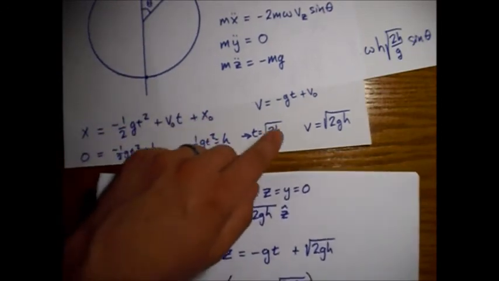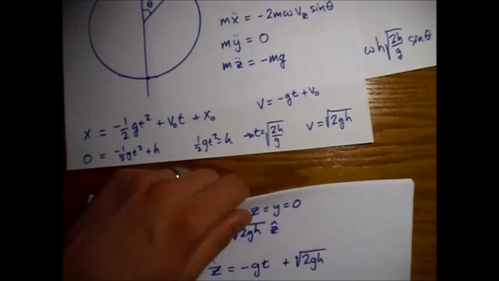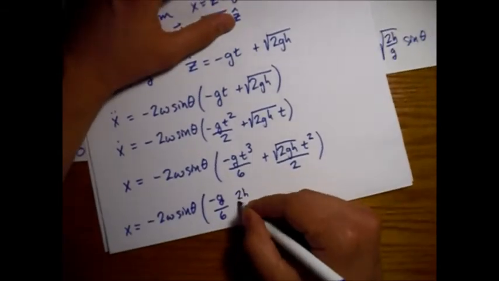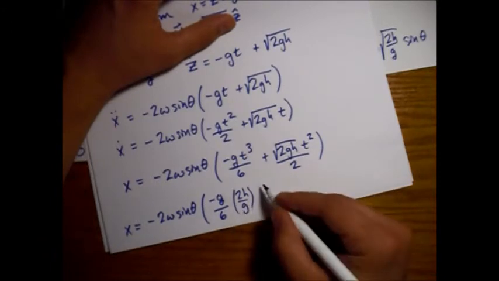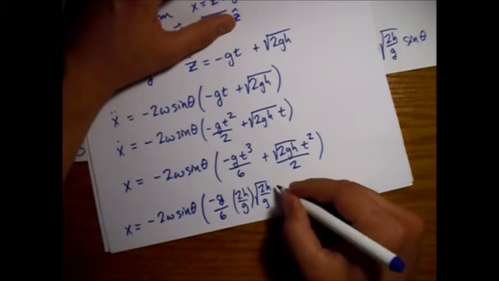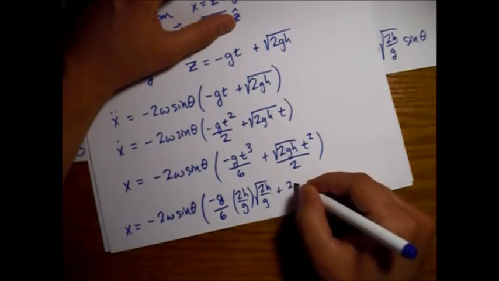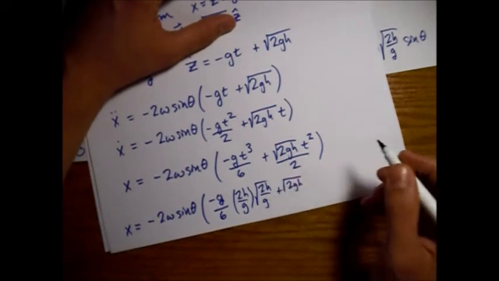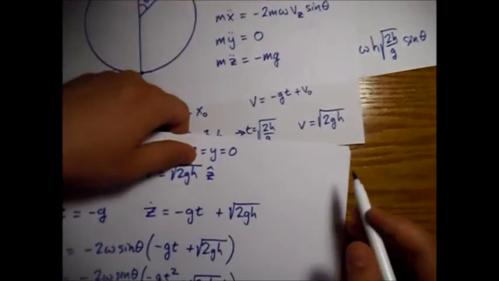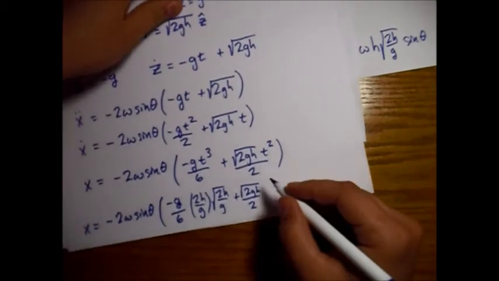So this cubed, so 2h over g to the 3/2 power, or a 2h over g multiplied by 2h over g under a square root. Okay, and then here t is just squared, so we just get 2h over g.